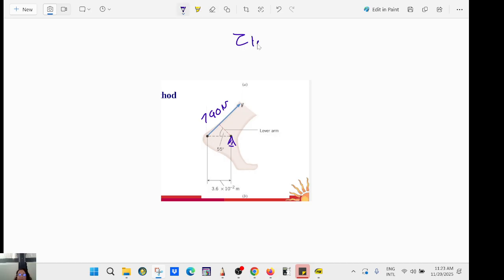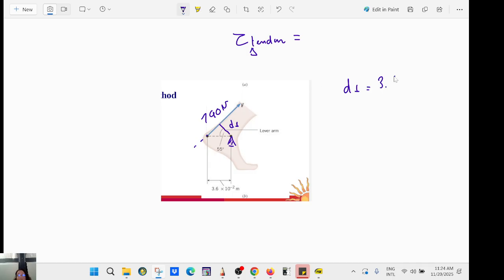Tendons are attached to muscle. So you extend, and that will be the perpendicular distance. You see that the perpendicular distance is the lower arm, and that will be the distance here, cosine.